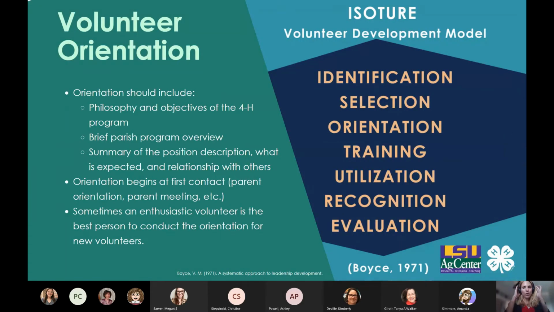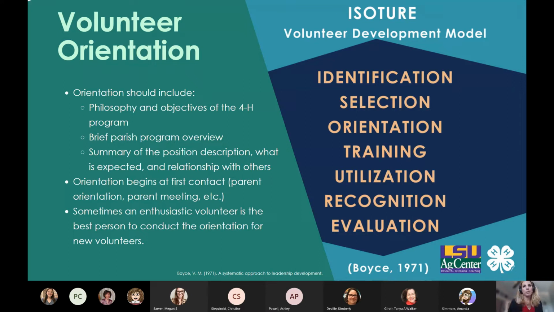Just a brief overview about volunteer orientation. If you're familiar with ISOCHR, this is a component of the volunteer development model that we use in 4-H. Orientation should include an overview of the 4-H program: what is the mission, what is the goal of our organization? And then also a brief parish program overview, even some history of programs that you've either implemented or are looking to implement in your program.